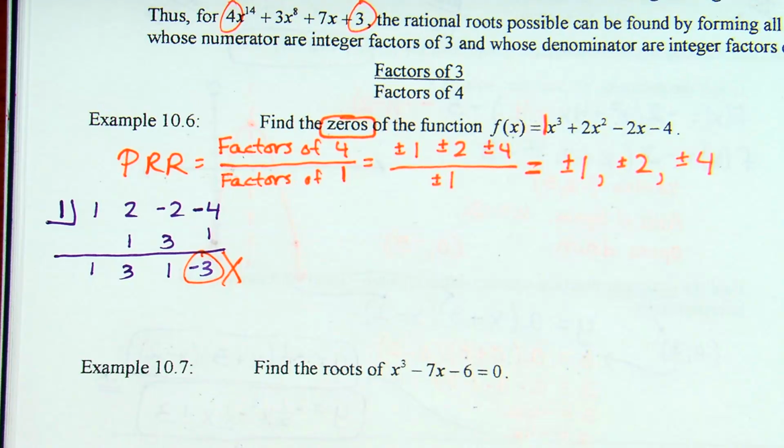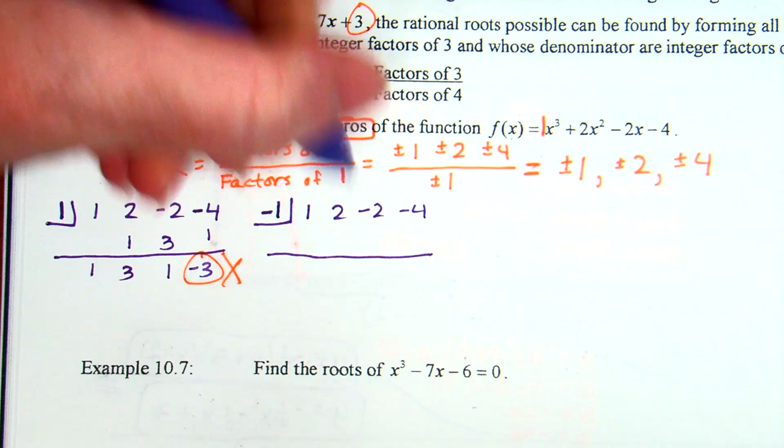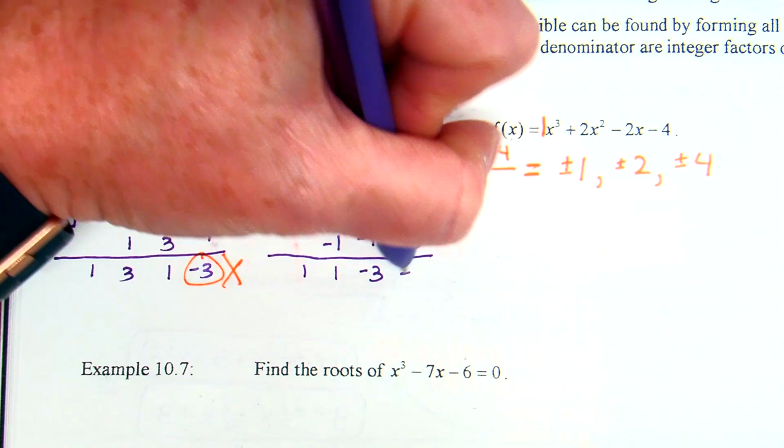Okay, so what do I do now? Try the next one. Okay, try negative 1. 1, 2, negative 2, negative 4. So drop the 1, multiply, add. Multiply, add. Multiply, add.